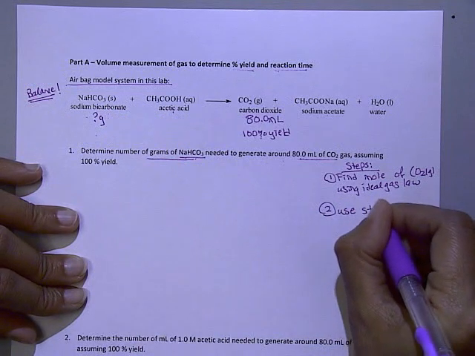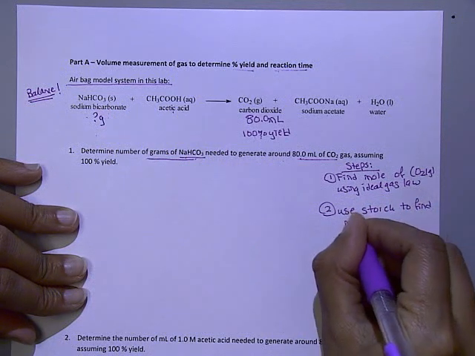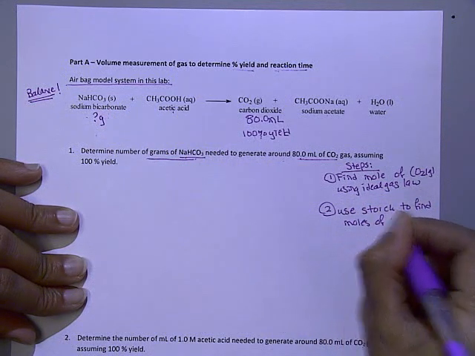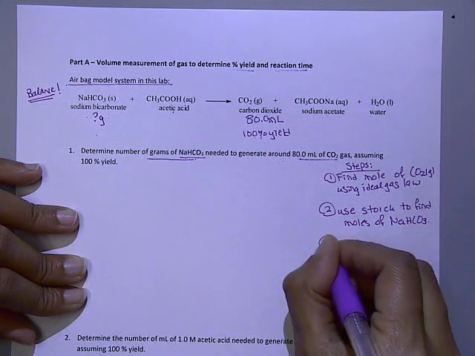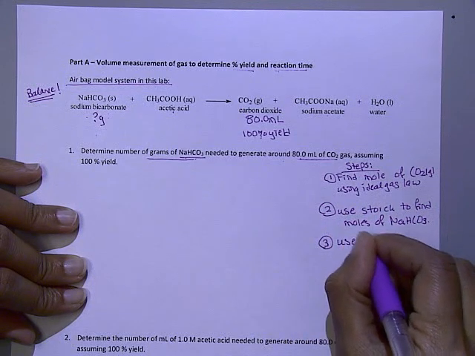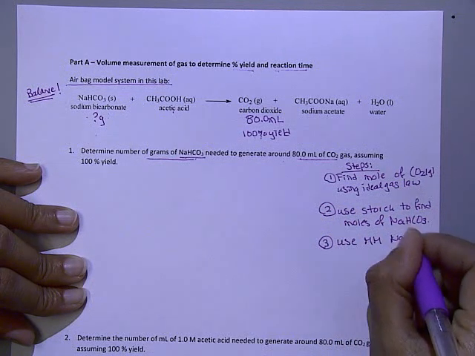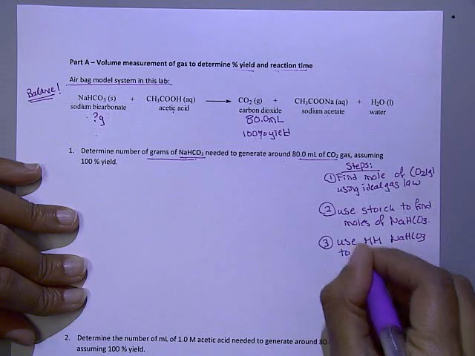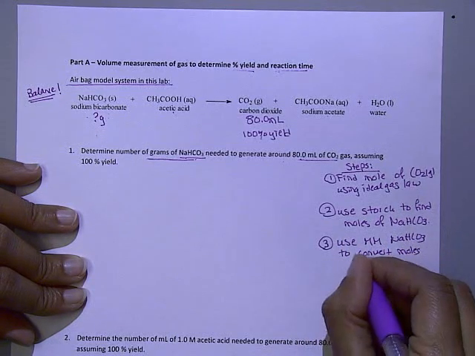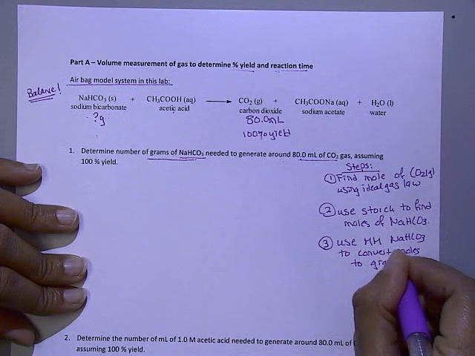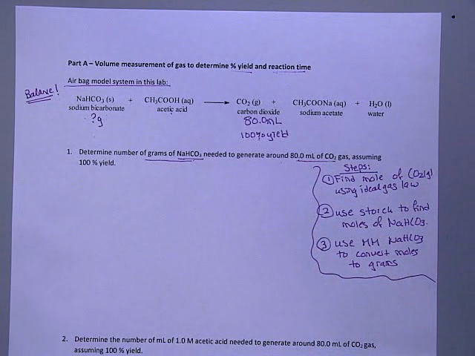So step 2 is to use stoichiometry to find moles of sodium bicarbonate. And then step 3 is to use the molar mass of sodium bicarbonate to convert moles to grams.